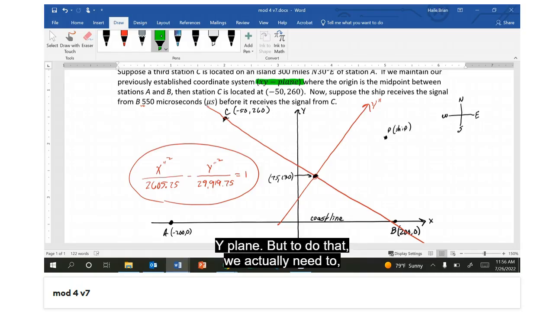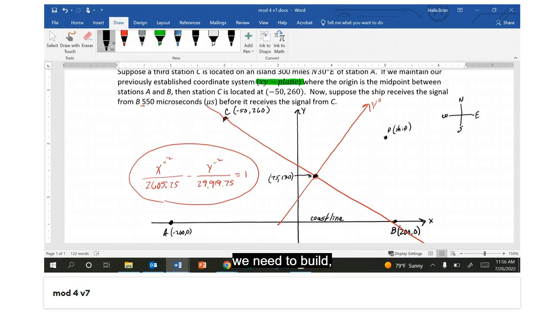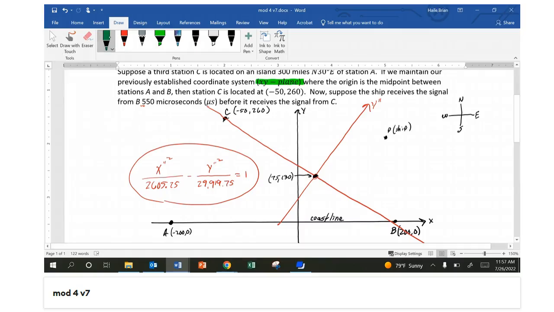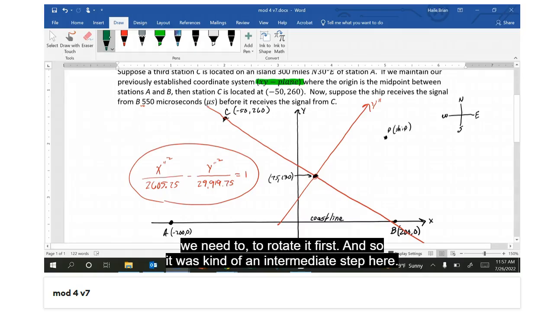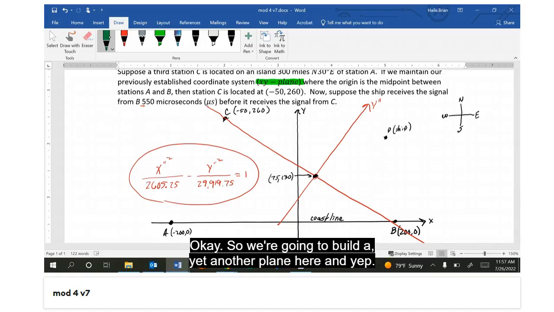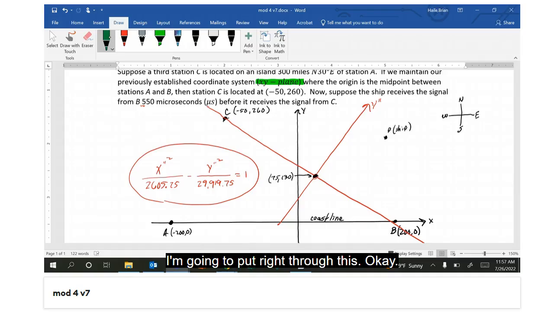But to do that, we need to rotate it first, and so there's kind of an intermediate step here. Okay, so we're going to build yet another plane here, and I'm going to put it right through this.